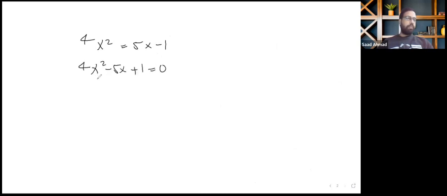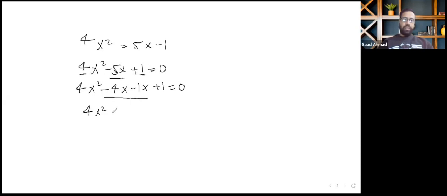All right, and I assume that you might know how to factorize, or if you don't know how to factorize, you can use the quadratic formula to solve this. But you can factorize it by breaking it into minus 4x minus 1x plus 1. For factorization, we see what is the product of these numbers, that is 4, and the sum should be -5. So the sum is -5, -4 minus 1 is -5, and when we multiply them, we get 4.